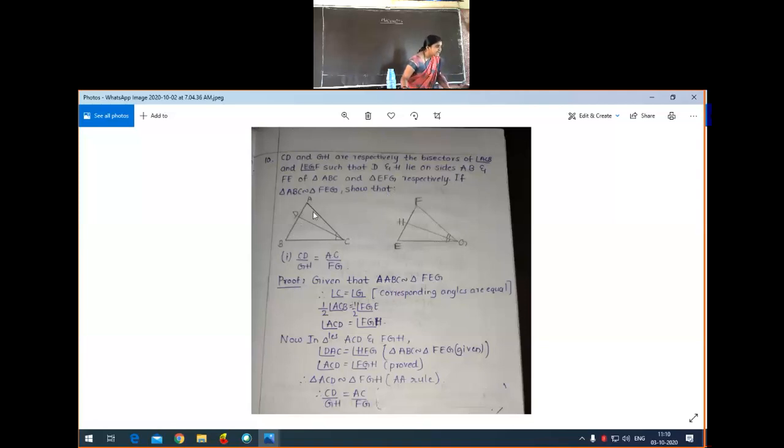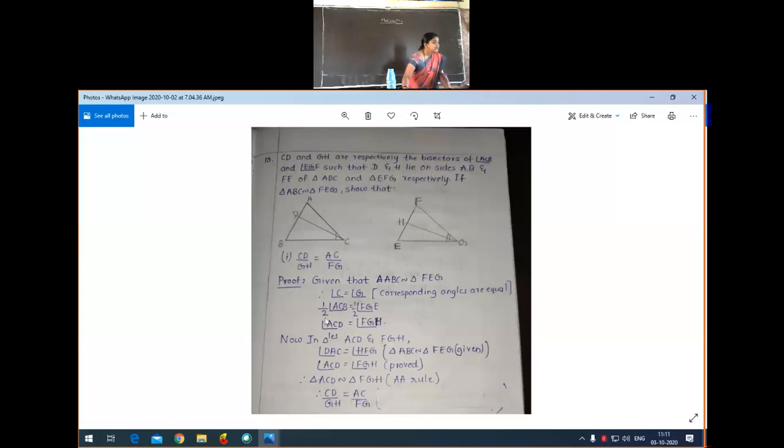Angle A is equal to angle F, angle B is equal to angle E, angle C is equal to angle G. But for the proof part, I need only angle C equal to angle G. So from the given data, I took the result that angle C is equal to angle G. Corresponding angles are equal, or you can write the reason as corresponding angles of similar triangles.